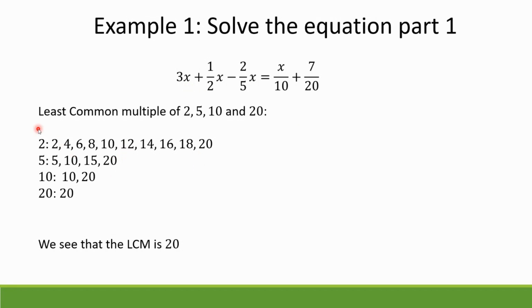If we put 1 here, that's really not going to help us. So we get the least common multiple is 20. Again, we just list the multiples of each denominator enough so that we get something in common with all the denominators. We got 20 here.